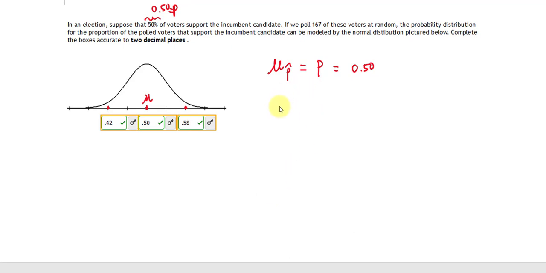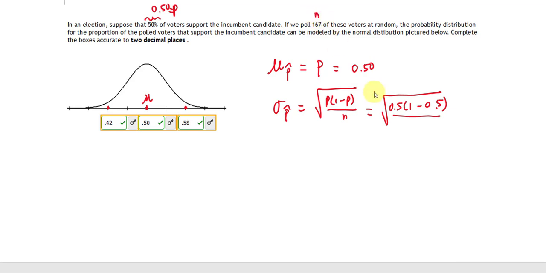Again, we can also find the standard error, or the standard deviation, which is the square root of P times 1 minus P all over N. If you plug in the values, 0.5 times 1 minus 0.5 divided by N, which is 167, you should end up with 0.03869, or around 0.04. Let's round to 2 decimal places.